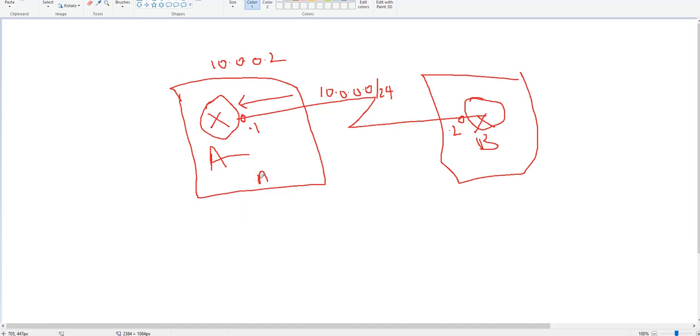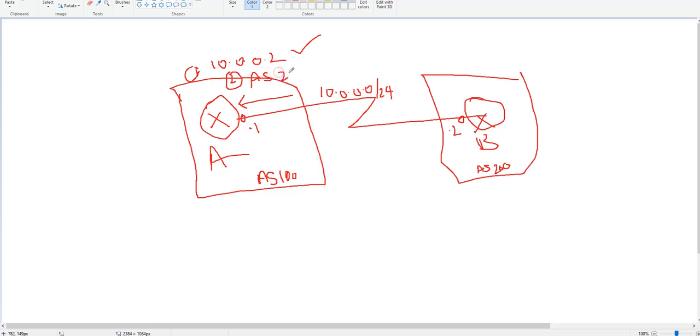Let's say router A belongs to AS 100 and router B belongs to AS 200. So for router A, I first have to say who my neighbor is: my neighbor is 10.0.0.2, and then which AS he is in. He is in AS 200.